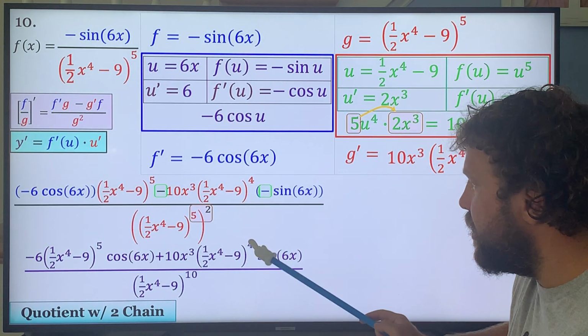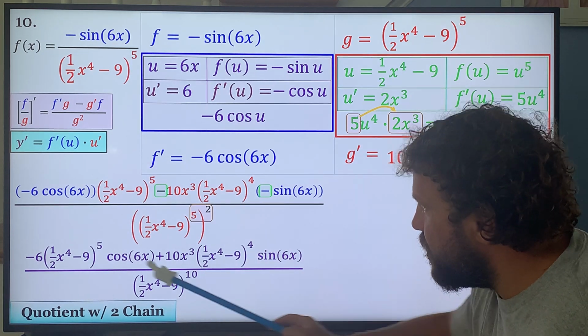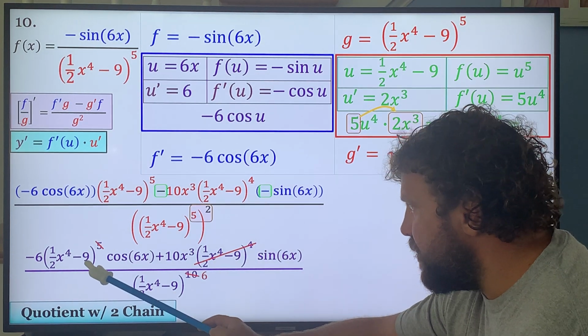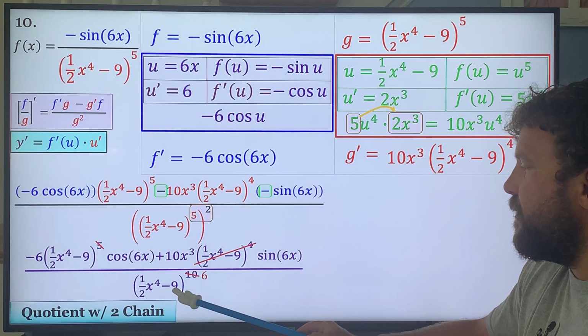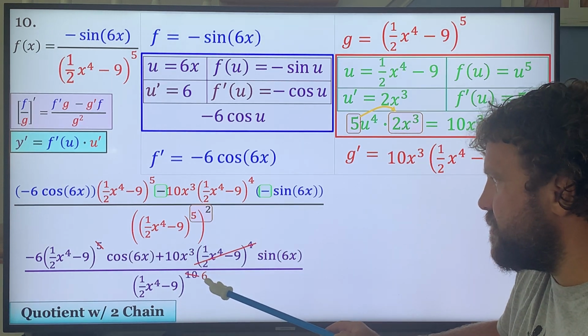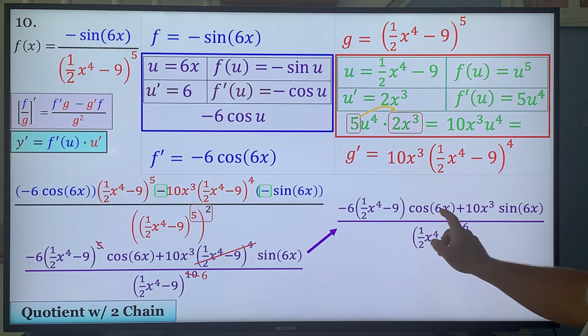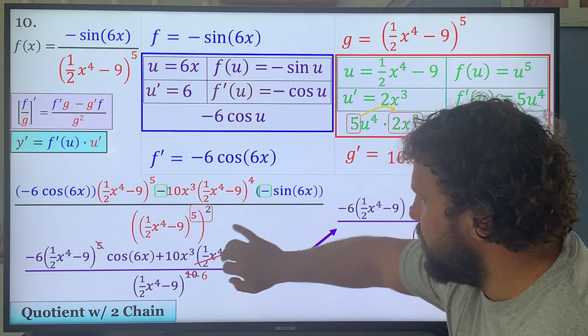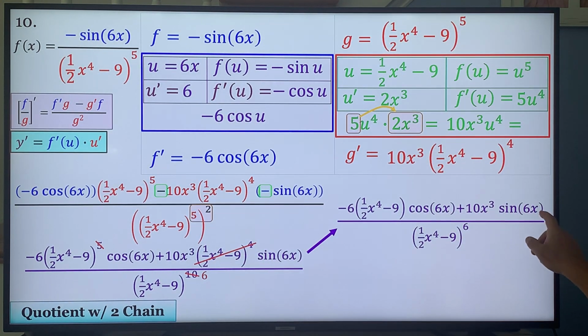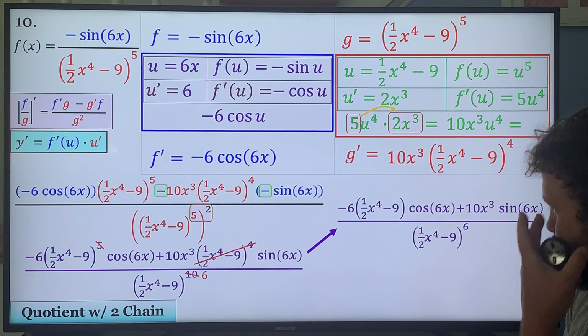Smallest number is 4. I'm taking all these away, making this a 1. Taking all but one of these away, leaving this. And taking 4 from 10 is 6. Negative 6, 1/2 x to the fourth minus 9, cosine 6x, plus, that's gone, 10x cubed sine 6x, and this is left to the 6.